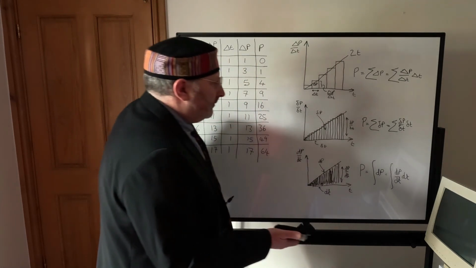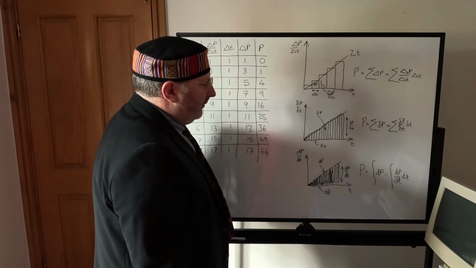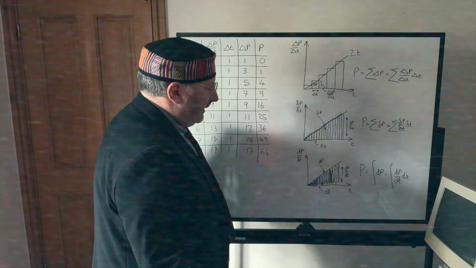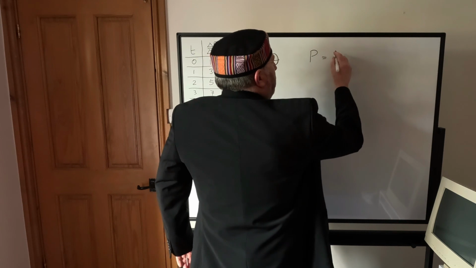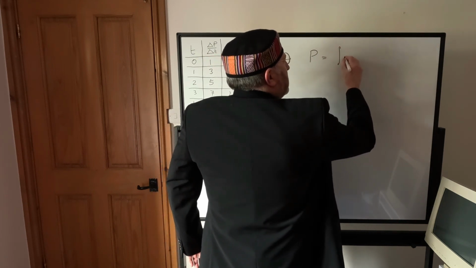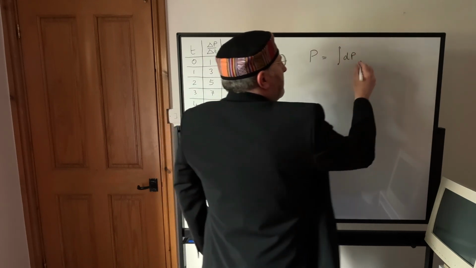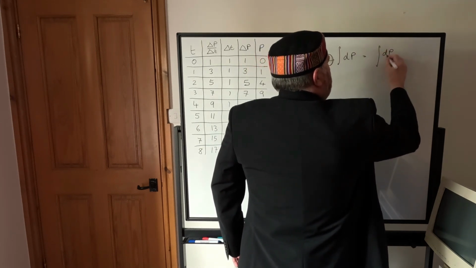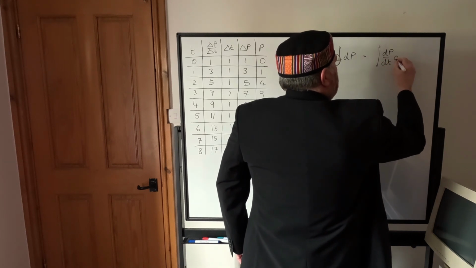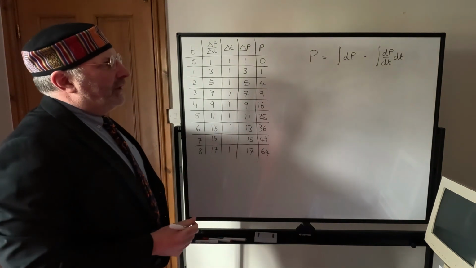So let's get rid of that and write up these integration symbols again and have a look at them in a bit more detail. Okay, so we were just looking at this notation formula that the population is the integral of dp, which is equivalent to the integral of dp by dt dt, the integral of dp by dt with respect to time t.